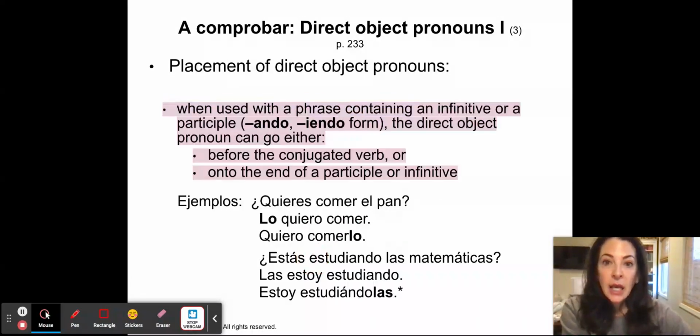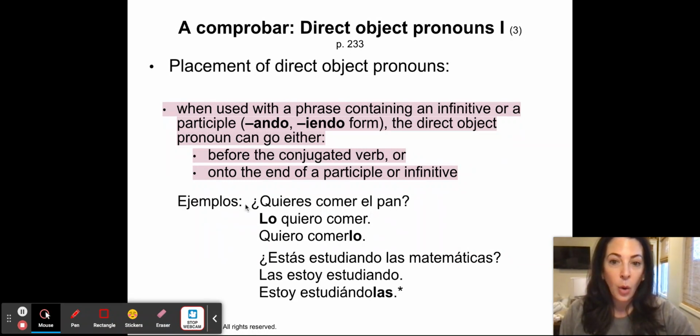All right, next. When we're using a phrase that has an infinitive or the present progressive, where you have estar plus ando y endo, that's when we have two verbs. So we have two choices. Again, it can go in front of the conjugated verb or attached to the infinitive or the ando y endo. So, for example, ¿quieres comer el pan?